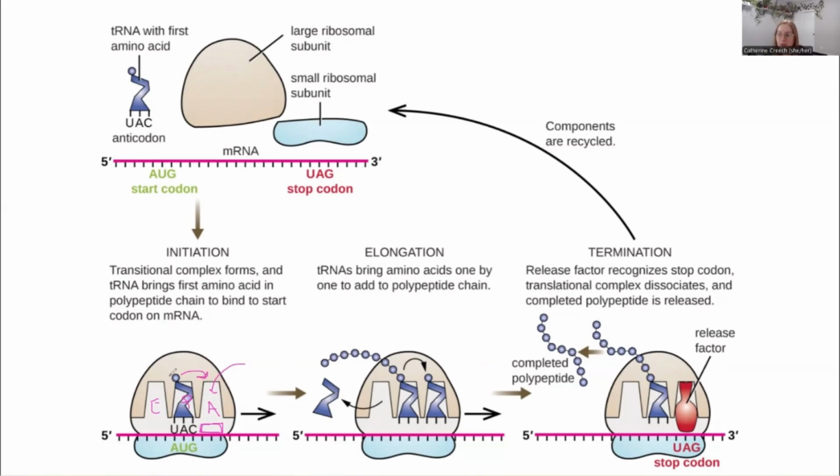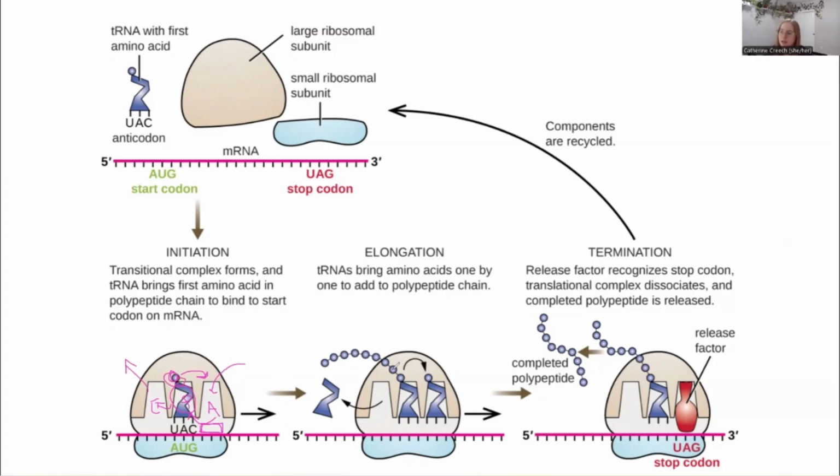This amino acid will be moved, which means that this tRNA is now empty. It will get pushed into the E site, and because it's empty, it will just leave the E site. That means that what was in my A is now in the P, and the newest amino acid is at the bottom of the growing polypeptide chain in the P site.